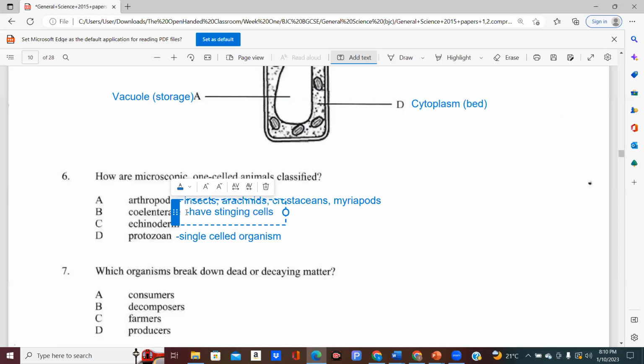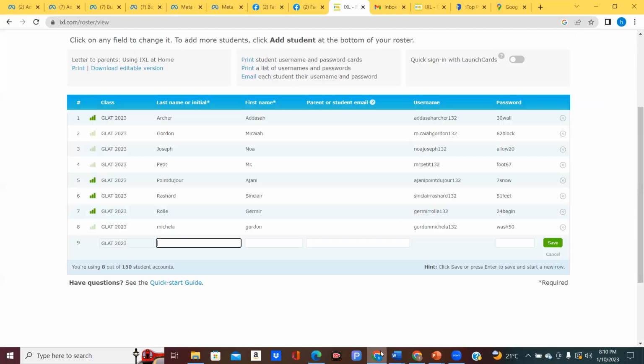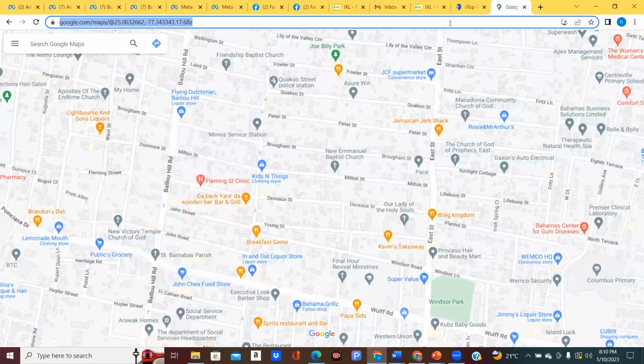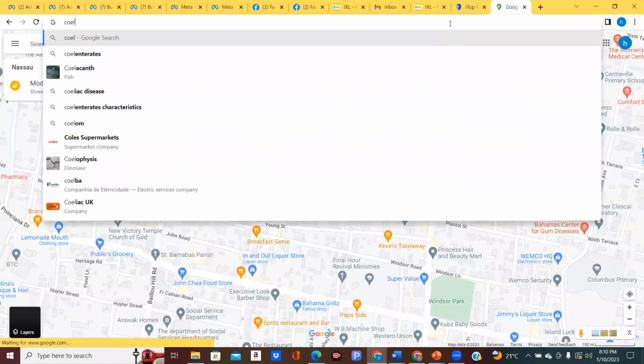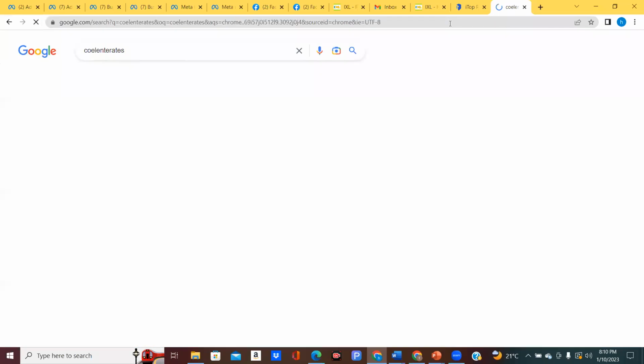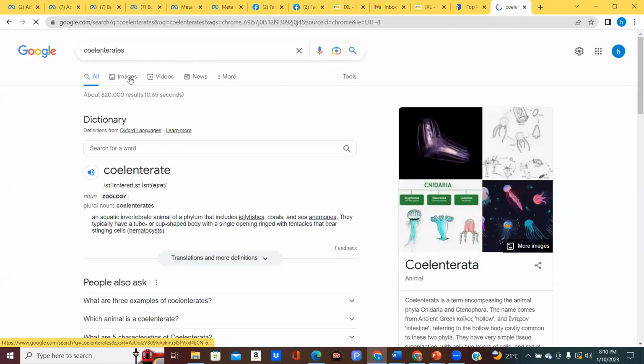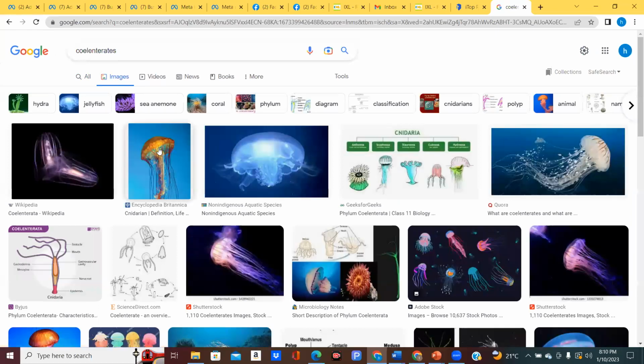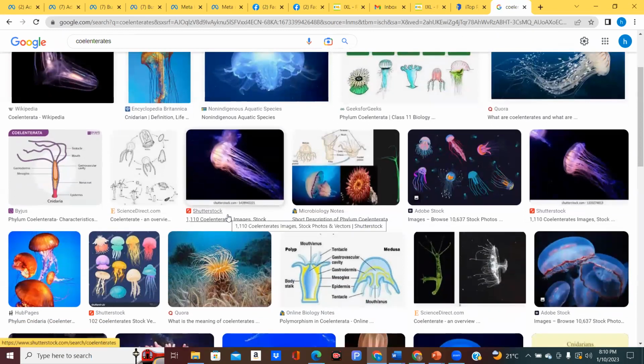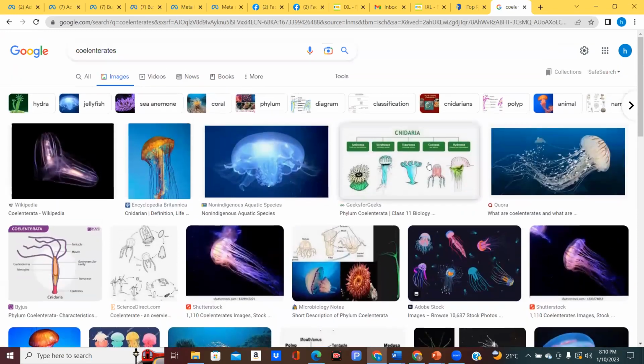Examples are your jellyfish, sea anemone and all that stuff.